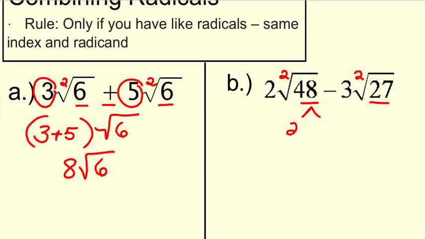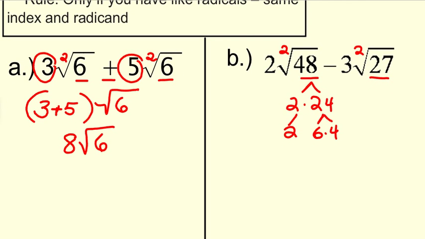So we're going to say 2 times 24. And then we'll break down 24 as 6 and 4. And then we have 2, 2, 3, 2, 2. All right.